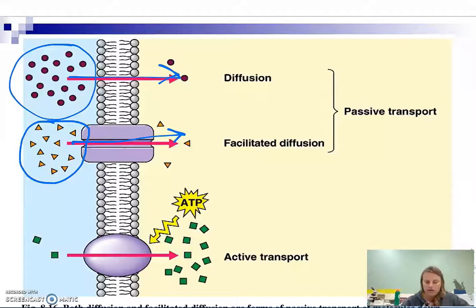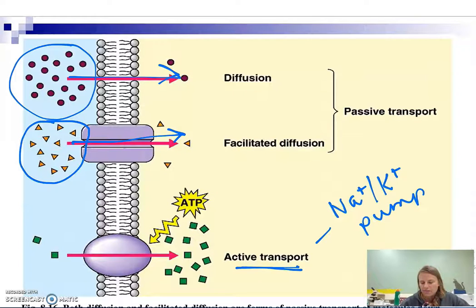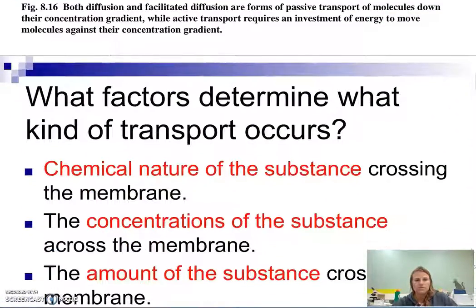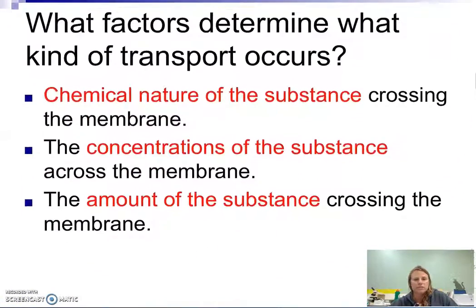And then on the other hand, active transport is going to require the use of, in our case, the sodium potassium pump and the proton pump, two examples of active transport that we're going to discuss that involve the use of membrane proteins.